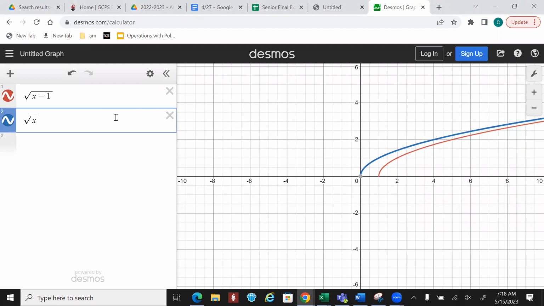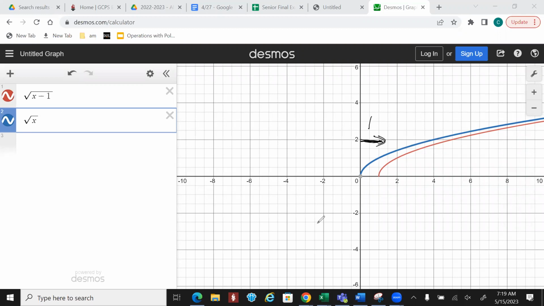Did it move up, down, left, or right? Right. From blue to red, we went to the right one.